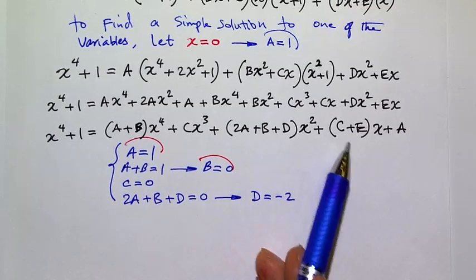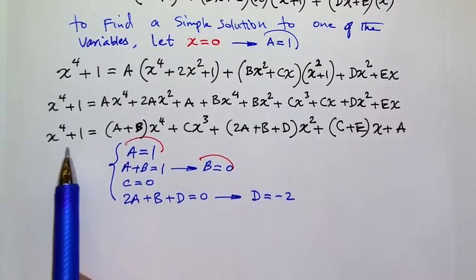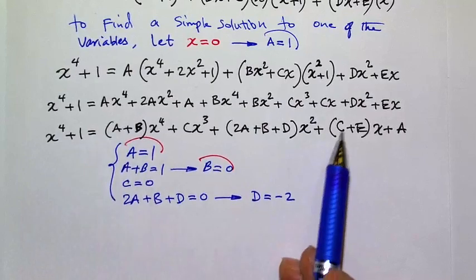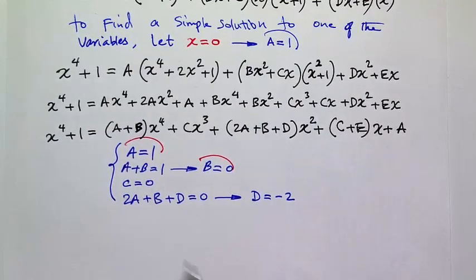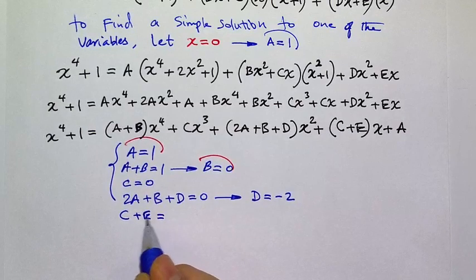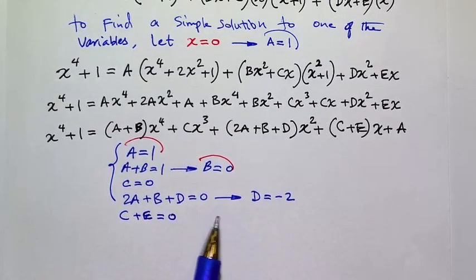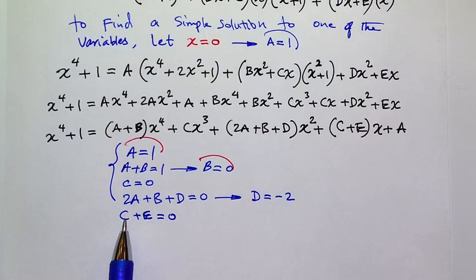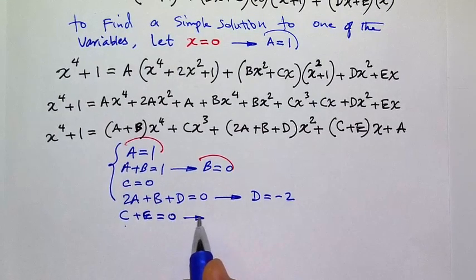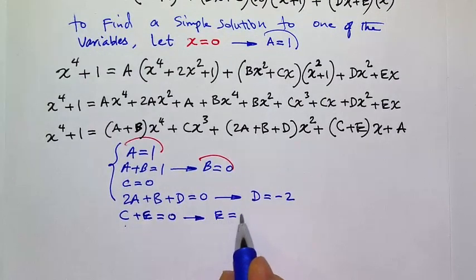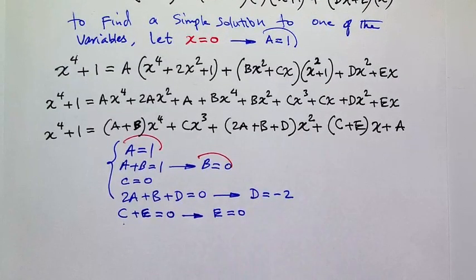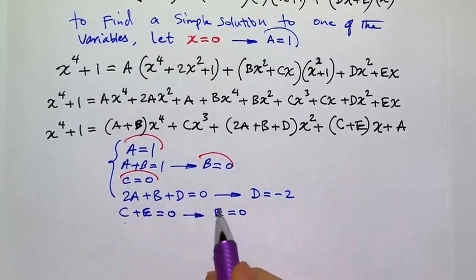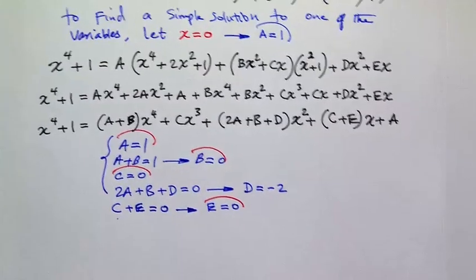And then lastly, c plus e. There is no x term on this side, right? So c plus e should be equal to 0. C is already 0. 0 plus e should be 0, so e is also equal to 0. So we have all of them figured out pretty quickly.